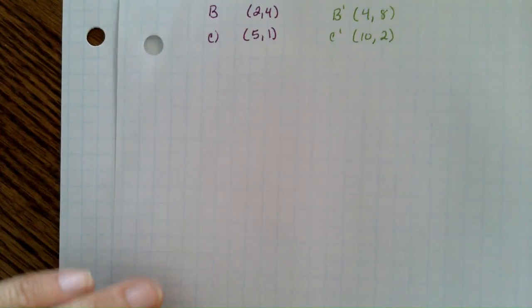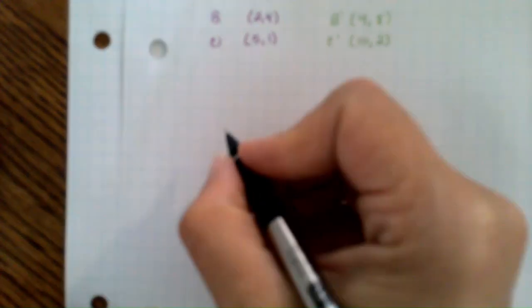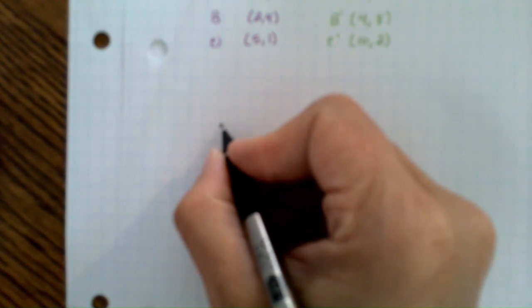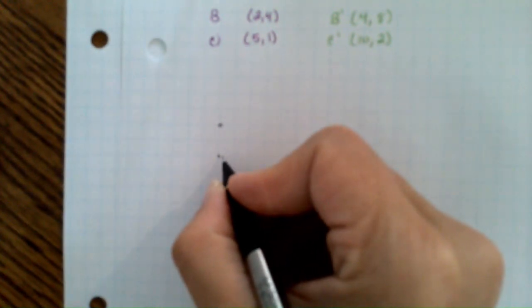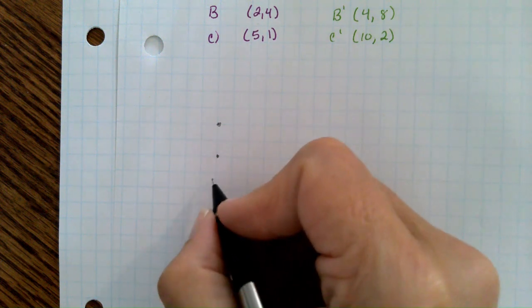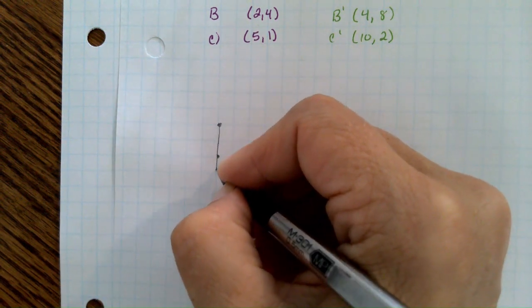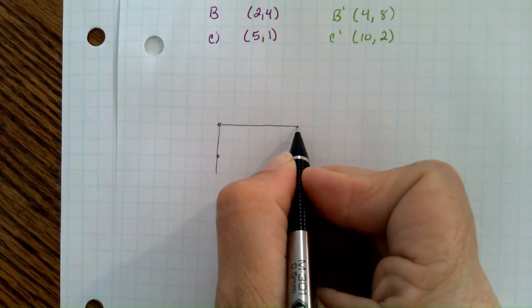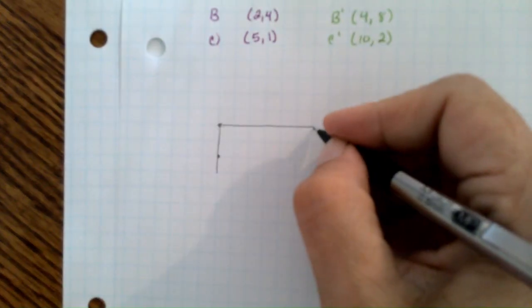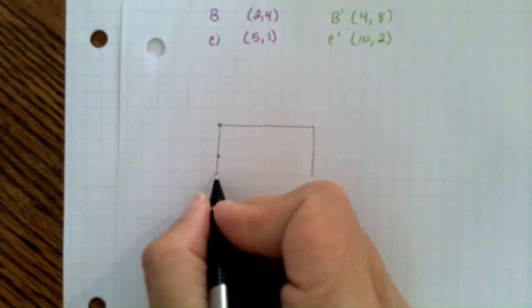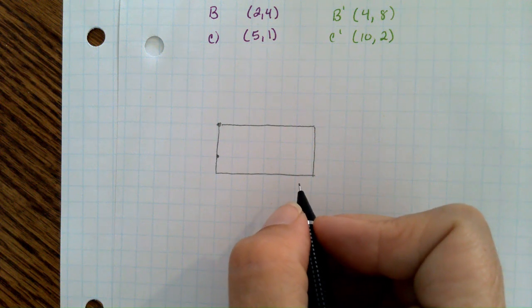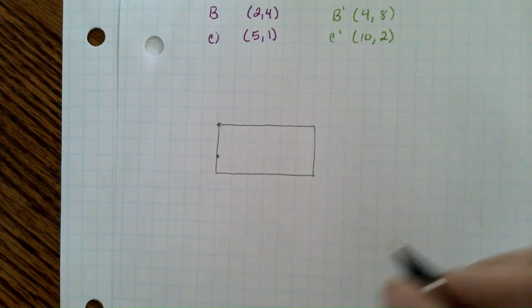Okay. I'm going to go ahead and draw a rectangle. And let's make it a taller rectangle. 1, 2, 3. 1, 2, 3, 4, 5, 6. Okay. And I'm going to draw a second rectangle.